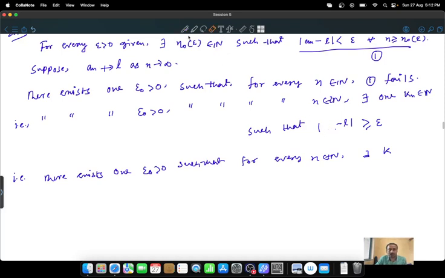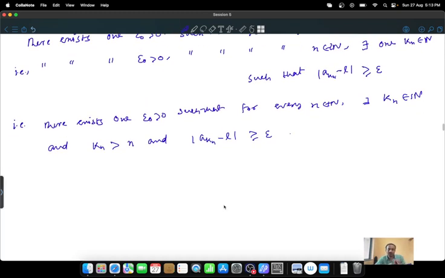So you will immediately see an application of this problem. So there exists kn belonging to N, and kn is bigger than n, and the distance |akn minus L| is greater than or equal to epsilon. So I request you to try the same problem in a general matrix space.